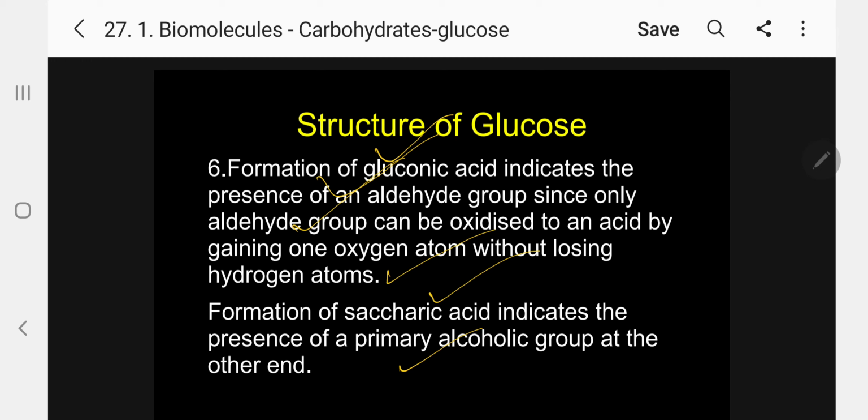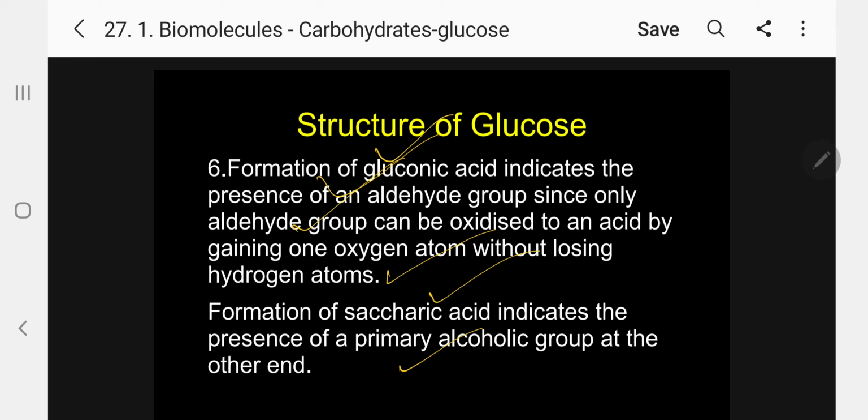So this is another piece of information we are getting: CHO at one end, CH2OH at the bottom, the other end. Kindly follow. According to the Fischer projection, we write in a linear way, so CHO at the top and CH2OH at the bottom. So these two pieces of information are given clearly.